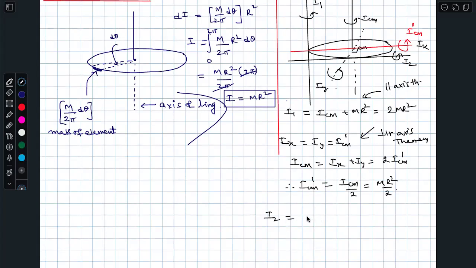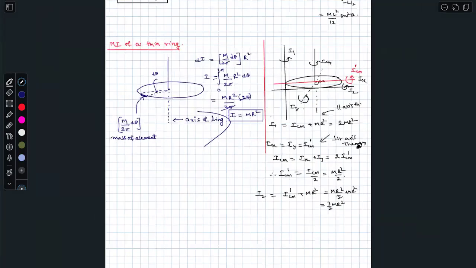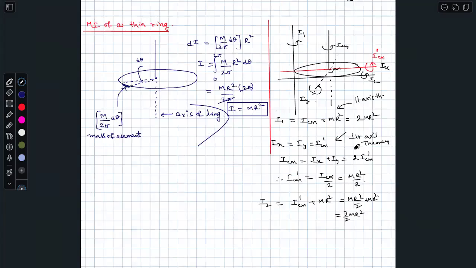So what is I2? I2 is nothing but ICM dash plus MR square, which is MR square by 2 plus MR square, which is nothing but 3 by 2 MR square. So now tell me, do you have any doubt in this? So overall, this is the expression for moment of inertia of a thin ring.